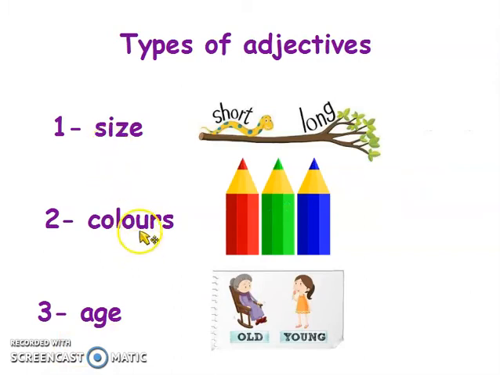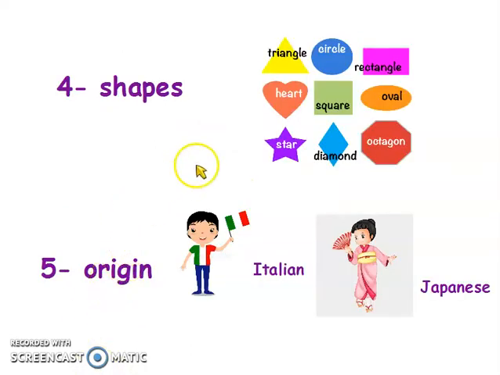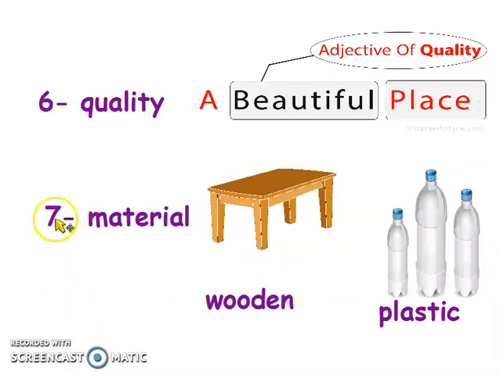Size حجم, colors الألوان, age العمر, shapes الأشكال, as we said, here we have examples, rectangle, circle, triangle, and the origin الأصل Italian, Japanese, Jordanian, okay, and the last two types, quality, describe the kind of the place, the person or the thing, for example a beautiful place, and the last one is the material.